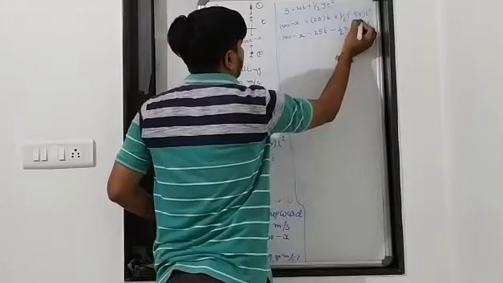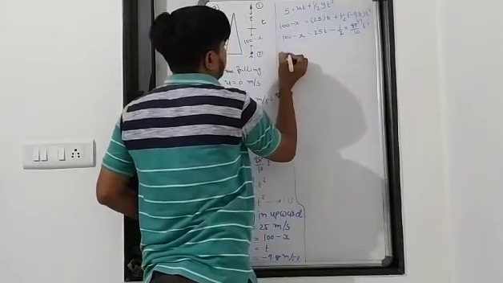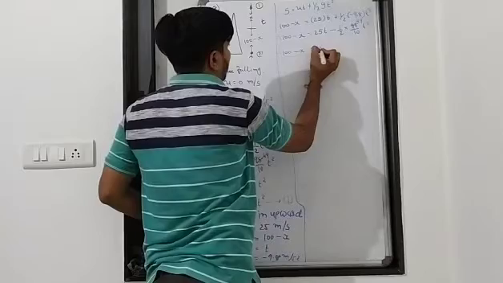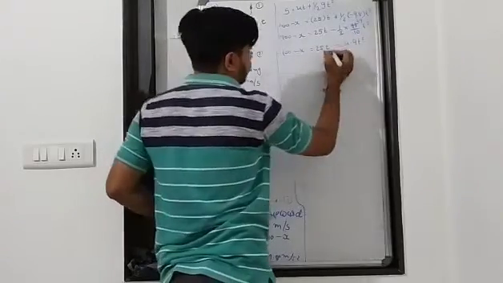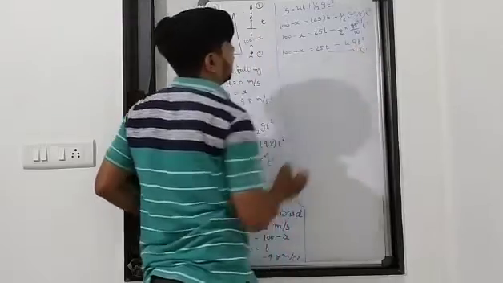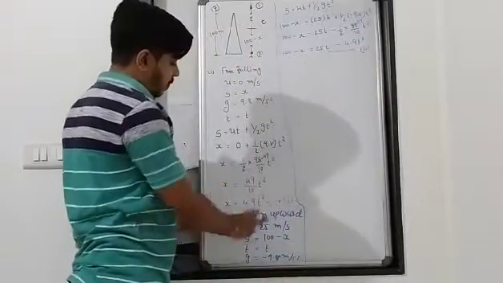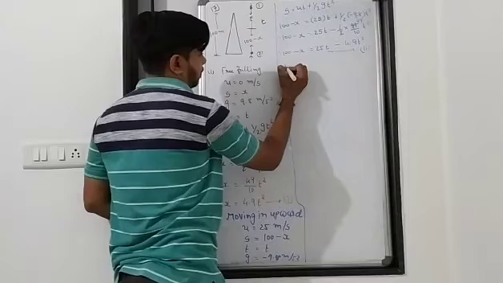So it gives you 100 minus x equal to 25t minus 4.9 t square. This is equation number 2.